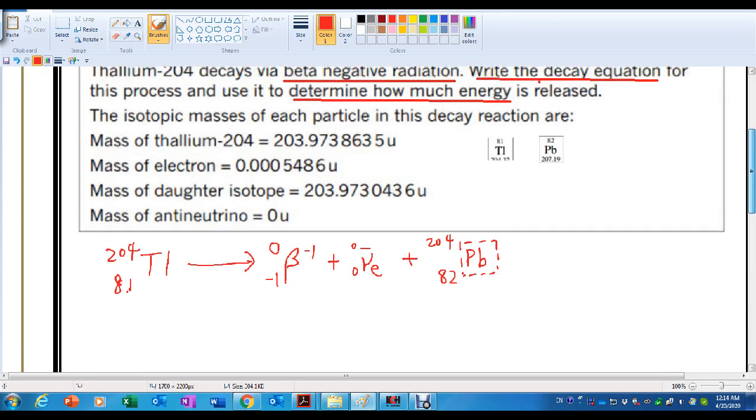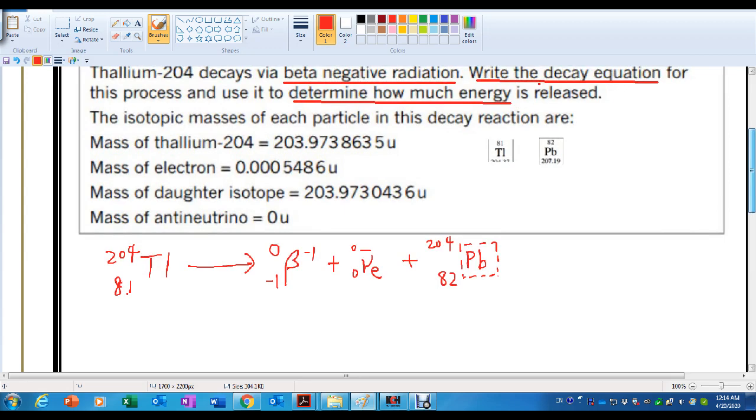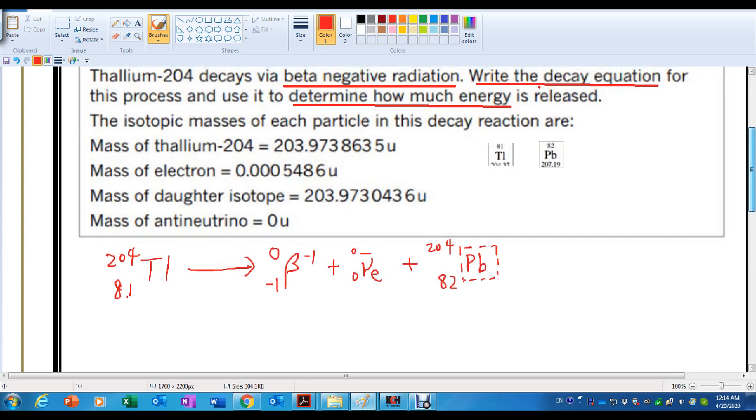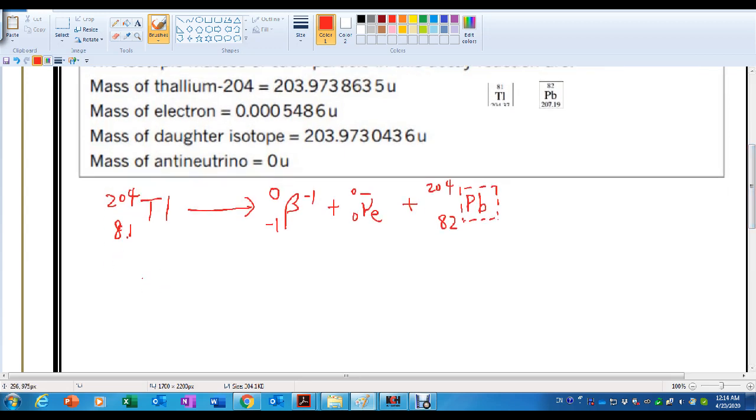So how could we calculate the energy? Again, remember that you need to find delta M first. So how could we get the delta M? That's the mass defect. So use the total mass of that thallium. So that's this number.